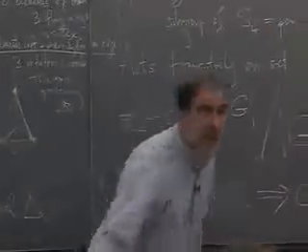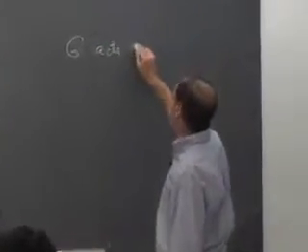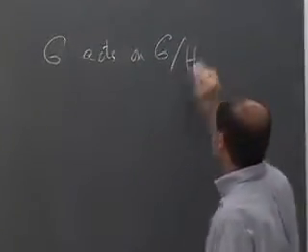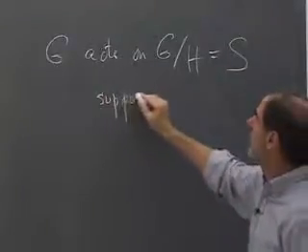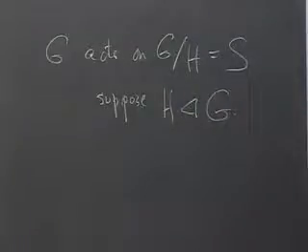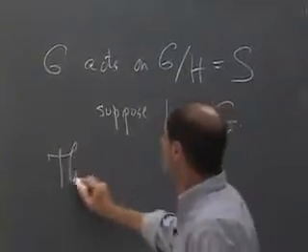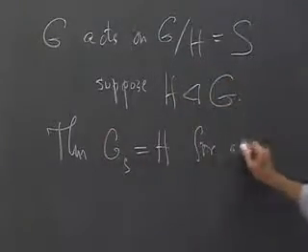So for example, if I had a group action, so G acts, we saw on anything like G mod H. Suppose this is our set S. Suppose H is a normal subgroup. This is the most extreme case. Then G_s is equal to H for all s.